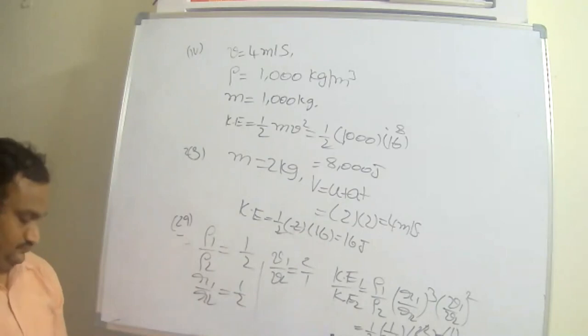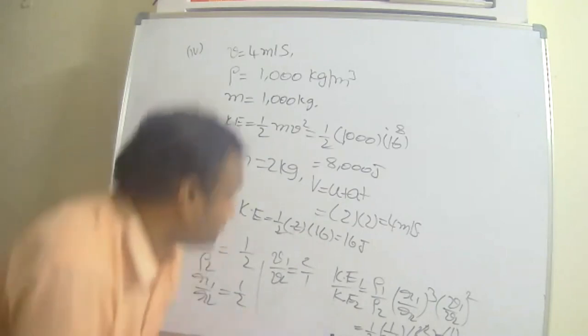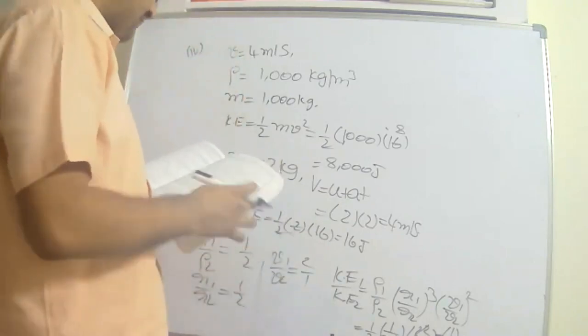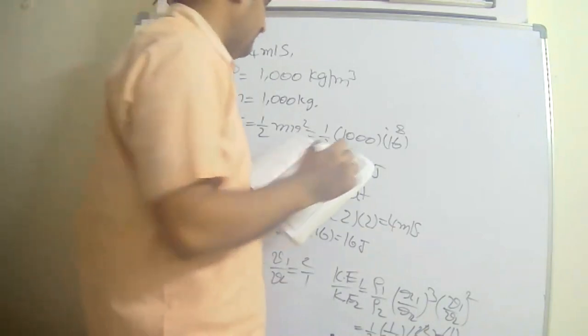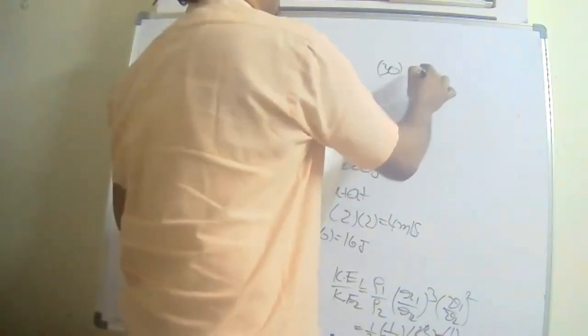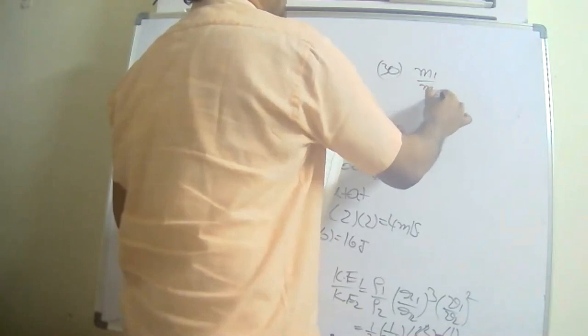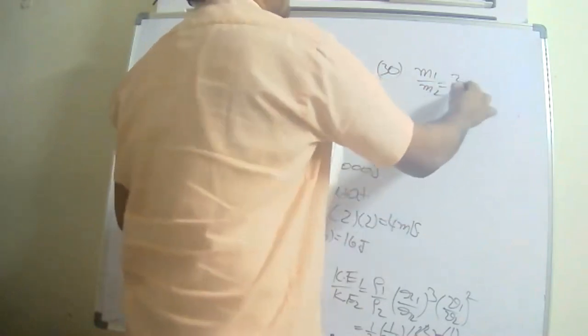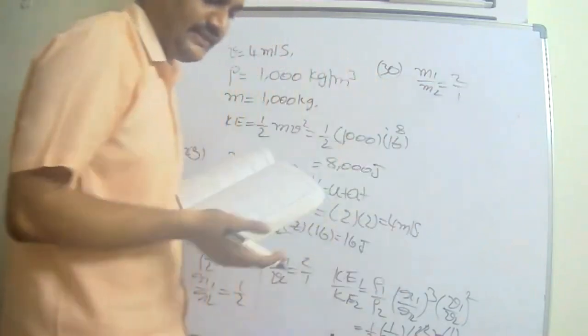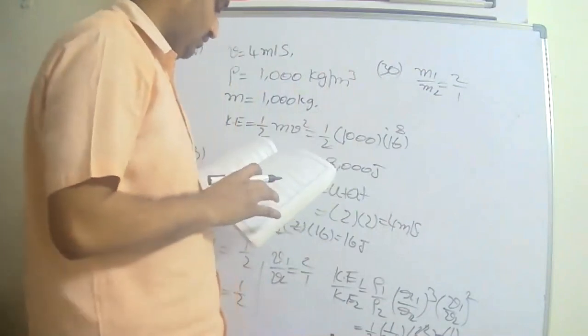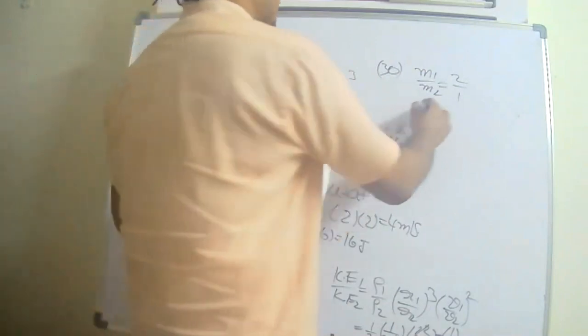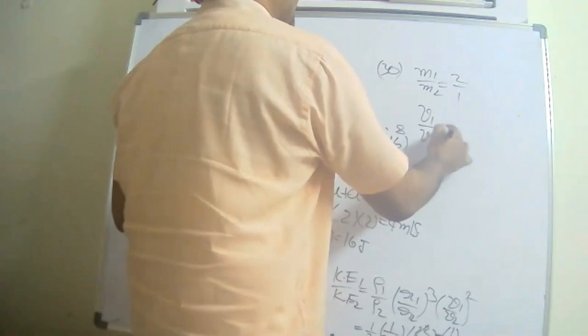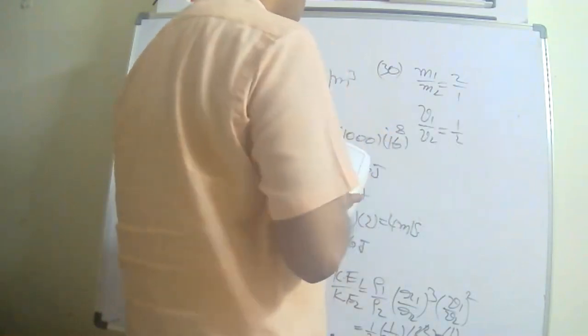Next, the mass of a body is halved and velocity is doubled. So mass halved ante m1 by m2 is equal to 2:1. అంతేనా? ఇనిషియల్ గా ఎక్కువ ఉంది, తర్వాత తగ్గింది. నెక్స్ట్, velocity is doubled. v1 by v2 is 1:2.